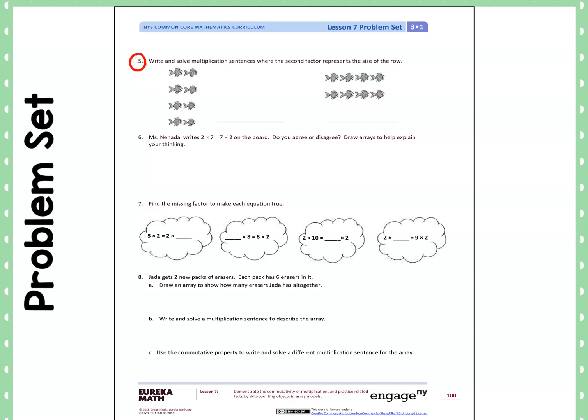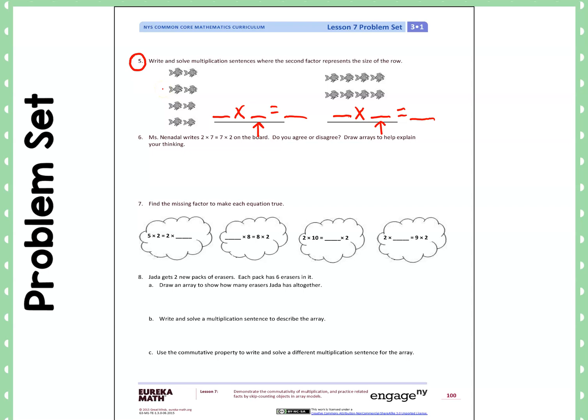So number 5 says, write and solve multiplication sentences where the second factor represents the size of the row. So for both of these arrays, we're going to be writing multiplication sentences, and the second factor has to equal the size of the row. So the second factor would be this one right here. So let's look at this first array.